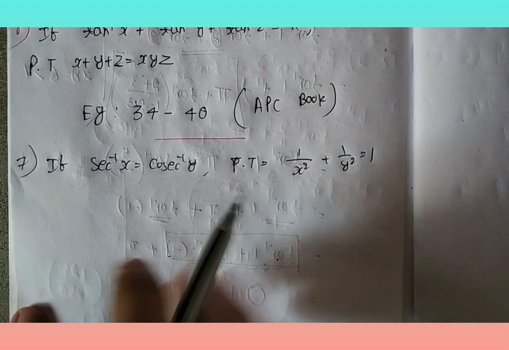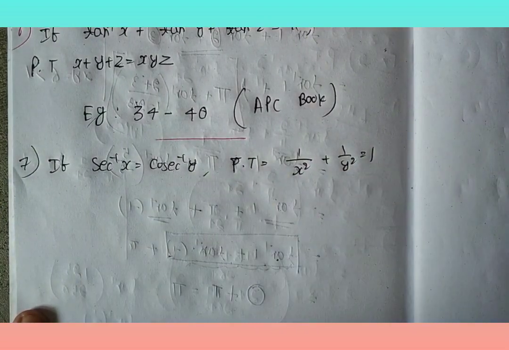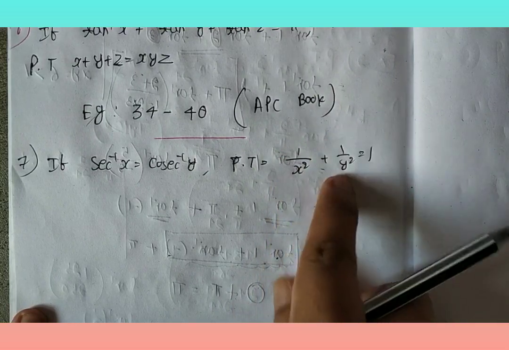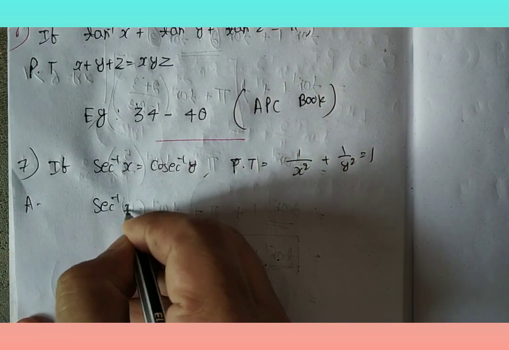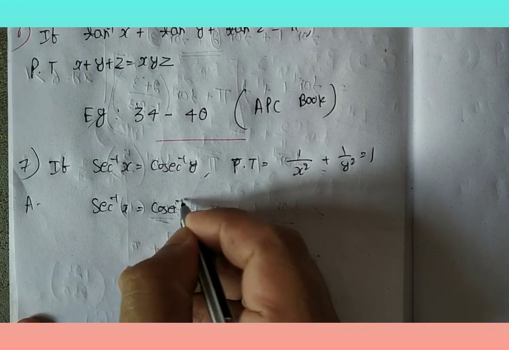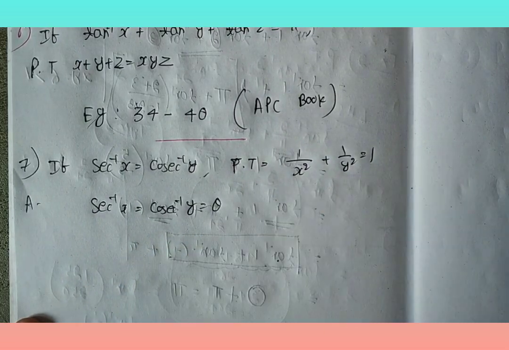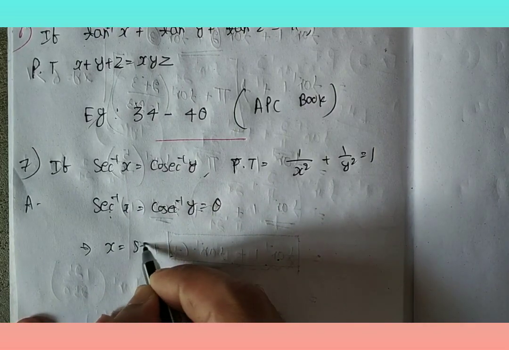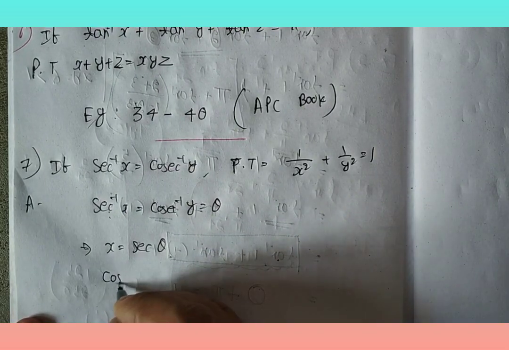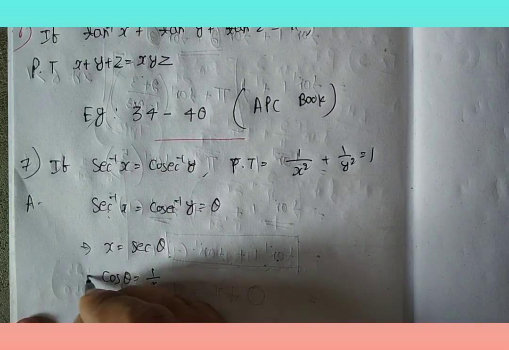Next question: if sec inverse x equal to cosec inverse y, then prove that 1 by x square plus 1 by y square equal to 1. First, let sec inverse x equal to cosec inverse y equal to theta. From the first and third, we get x equal to sec theta and cos theta equal to 1 by x.